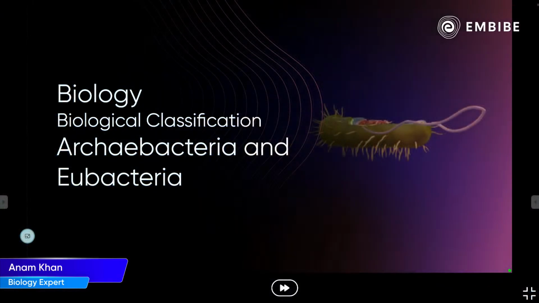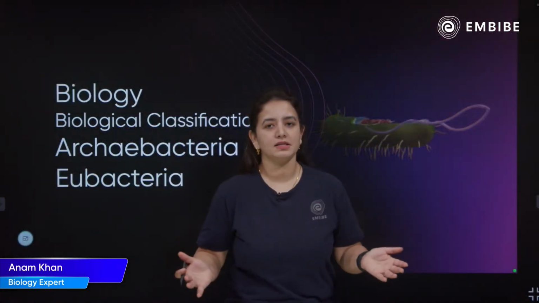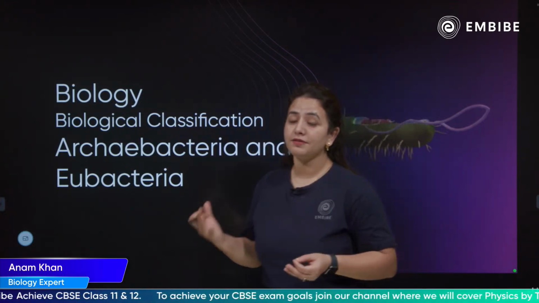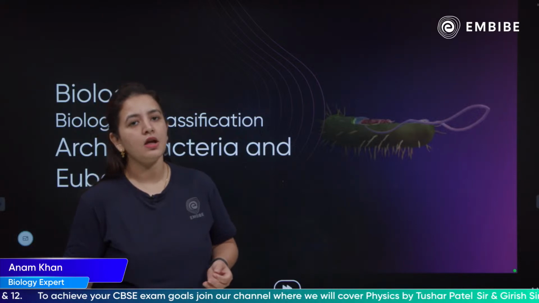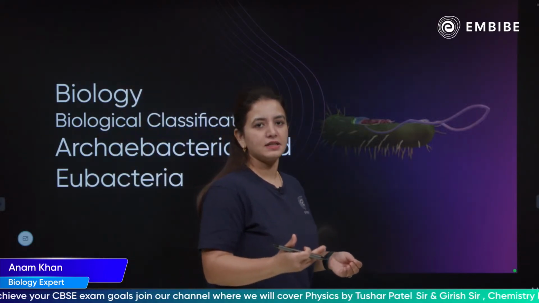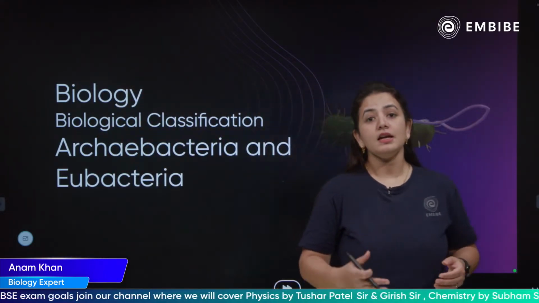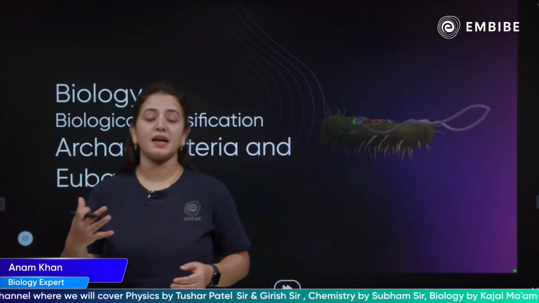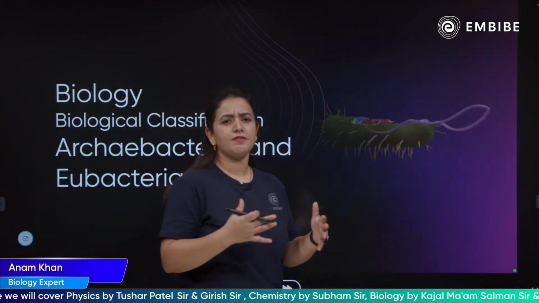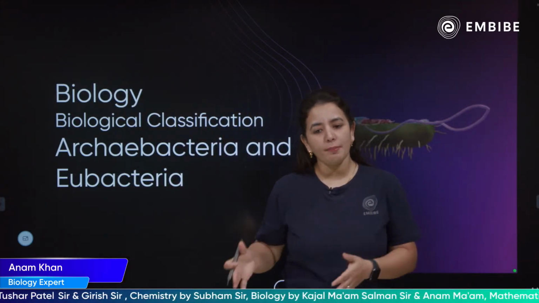Children, in the previous lectures we have discussed the need for classification, how classification came into the limelight and how different classifications were given by different scientists. Each classification was defined on the basis of respective criteria, but each kingdom of classification has its own drawbacks and disadvantages.